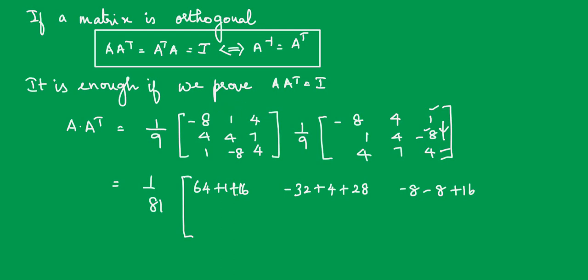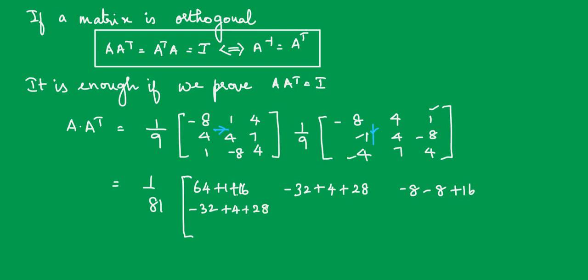Next we are going to multiply the second row elements with the first column. So second row, first column: 4 into minus 8 gives us minus 32. Next, 4 into 1, plus 4. 7 into 4, plus 28.